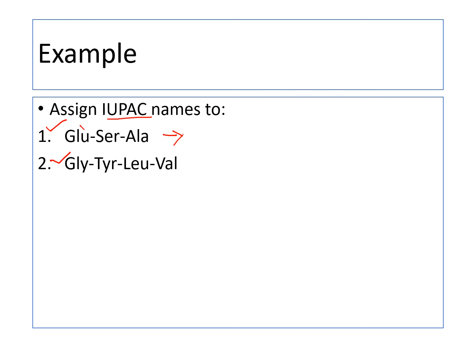We have glutamic acid, that's 1. We have serine, that's 2. And we have alanine, that's 3. So the type of peptide that we have is a tripeptide because we have 3 amino acids in the sequence.